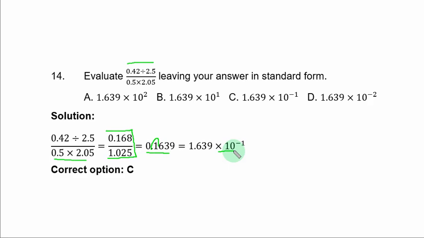Because you moved once, you have power of minus 1. For that reason, C is the correct option. Meanwhile, if you are moving backward from right to left, the power is positive. If you are moving forward from left to right, the power is negative.